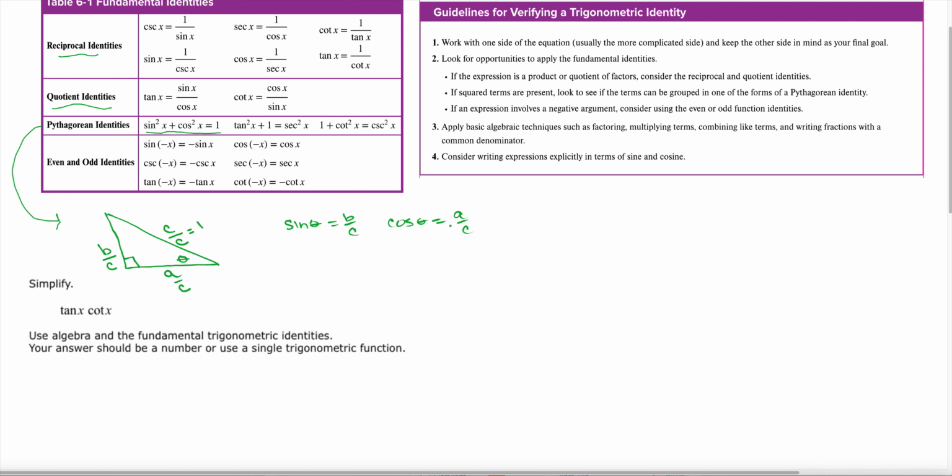A over C is cosine, right? So this is the same as cosine theta. And B over C, that's the same as sine theta.